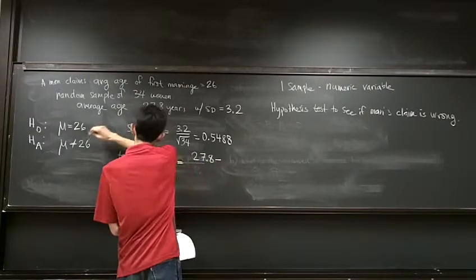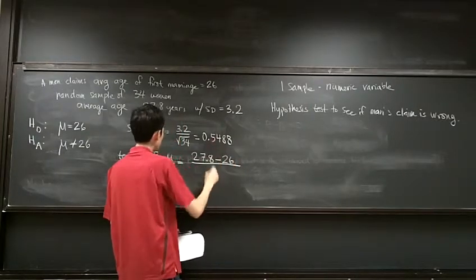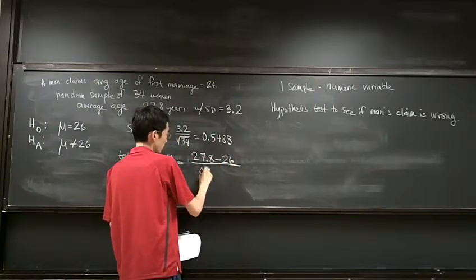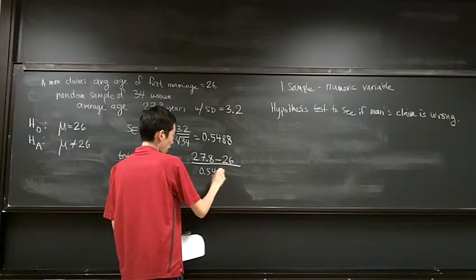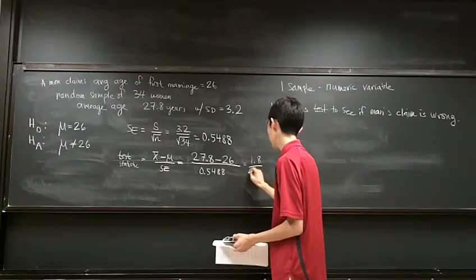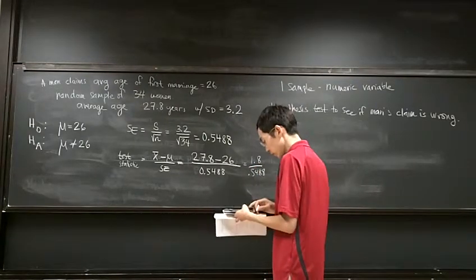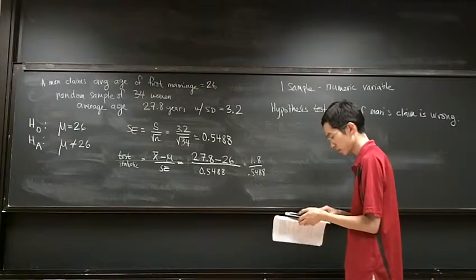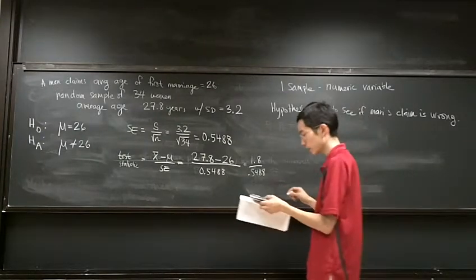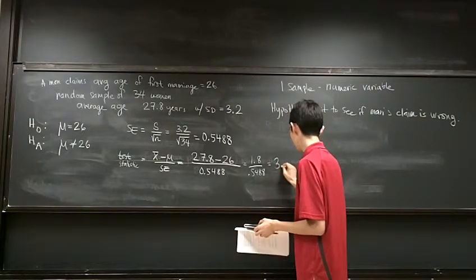The mu written in our hypothesis is 26, and our standard error is 0.5488. So I get 1.8 divided by 0.5488, and I get a test statistic of 3.28.